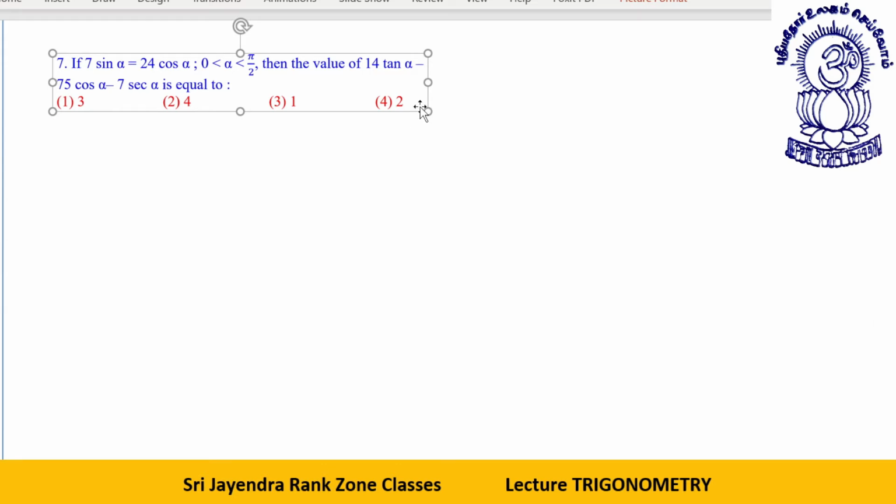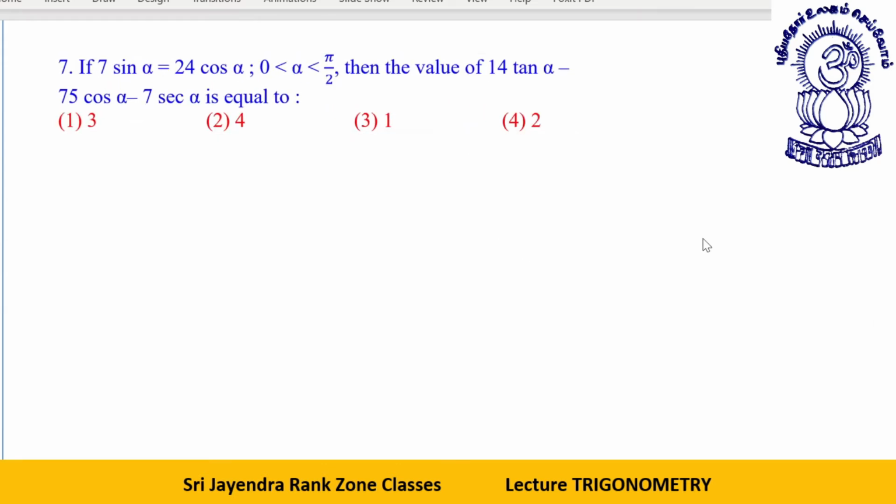Look. 7 sine alpha is equal to 24 cos alpha. So sine alpha by cos alpha is tan alpha.